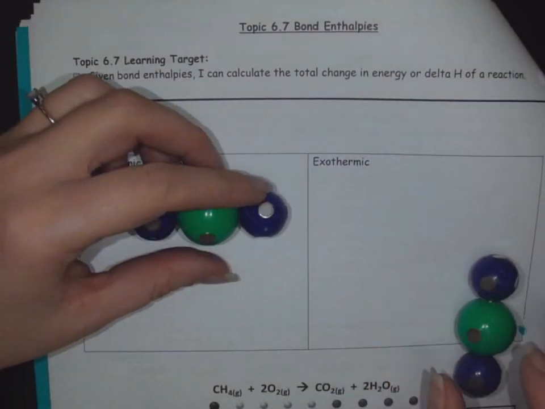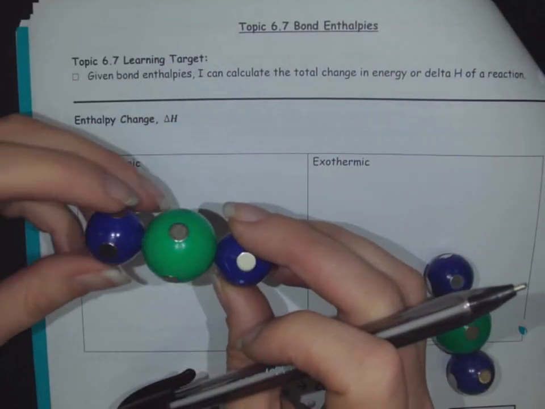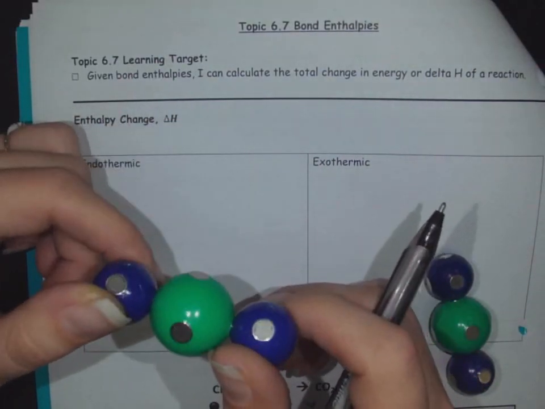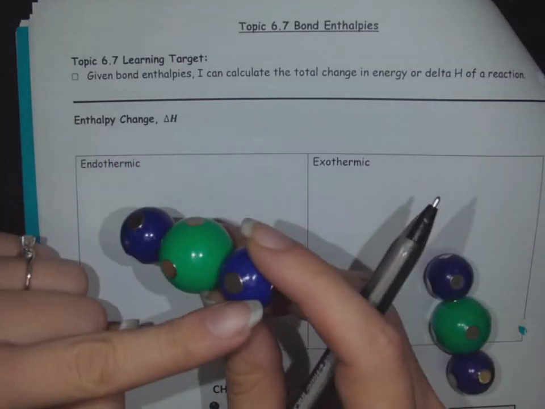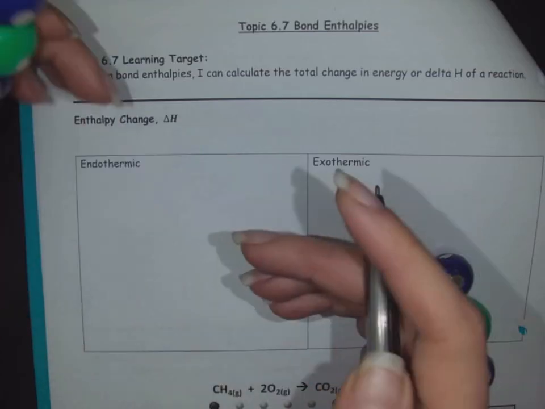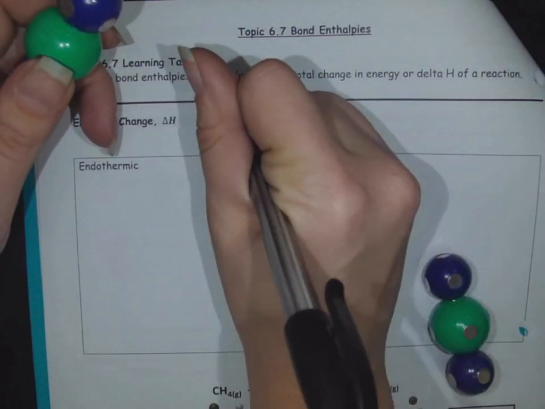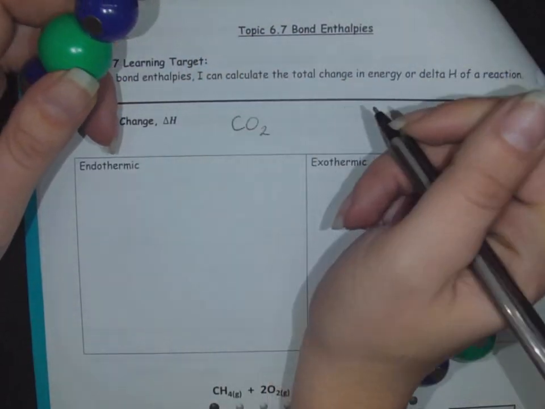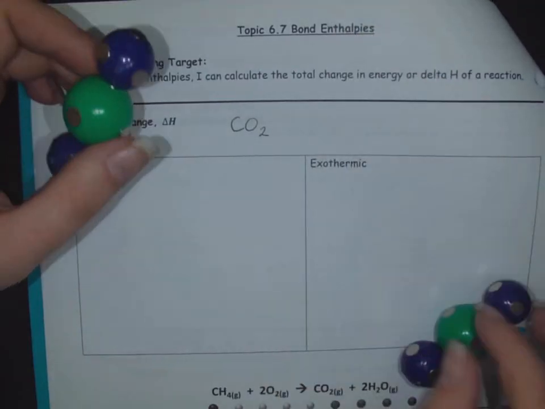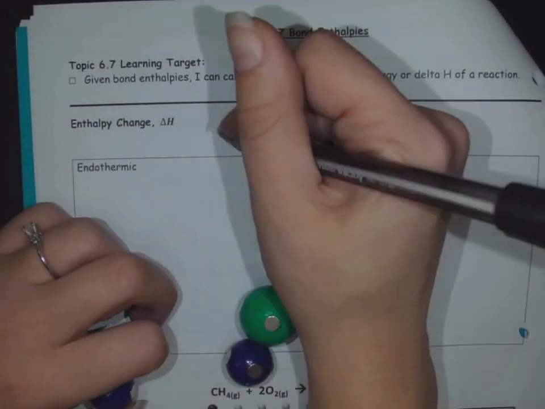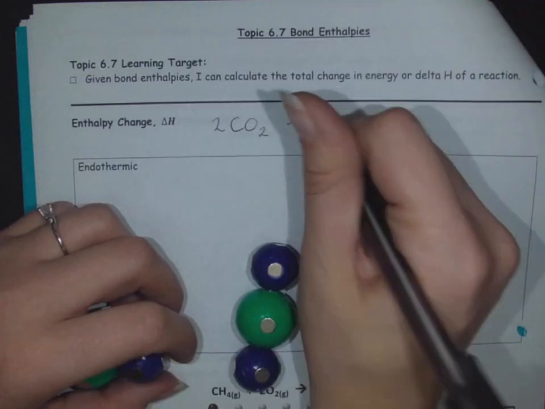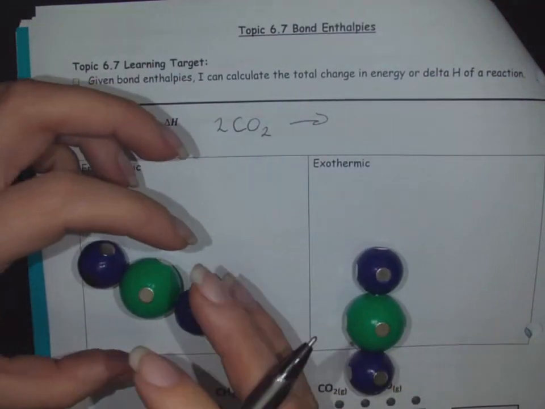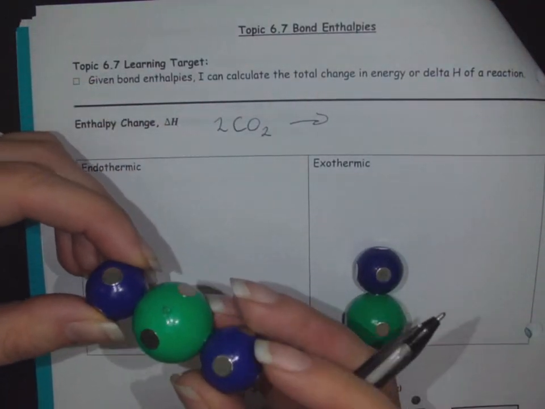All right, so I'm going to take this carbon dioxide molecule, this CO2 molecule, and I'm going to have two of those. And I'm going to be turning them into products. But before I can make any products, we have to break old bonds.